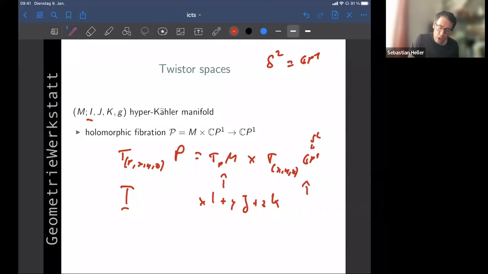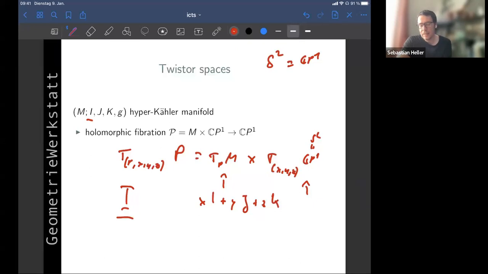So this gives you an almost complex structure I on this manifold P. And it turns out that the hyper-Kähler property tells you that I on the space P is actually a complex manifold. So it's integrable, the complex structure I. So it's not almost complex, but actually a complex structure.